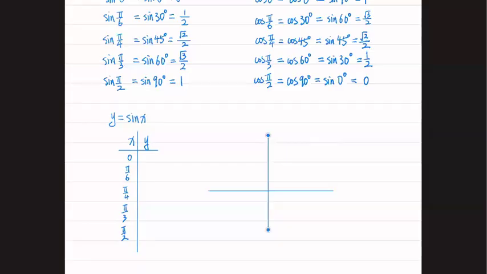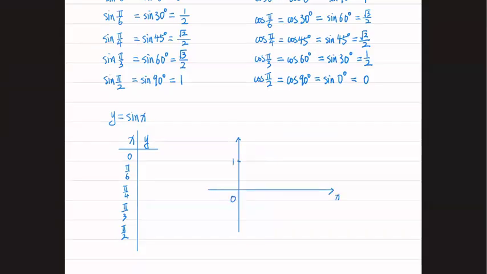This one we can go a little bit further this way. Pi over 2 is about 1.5, a little bit more than 1.5.